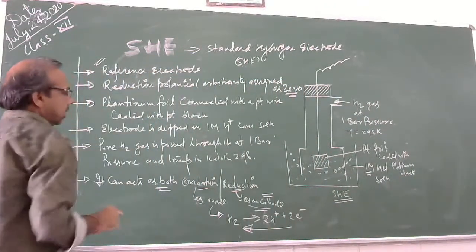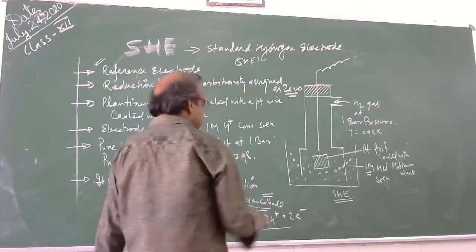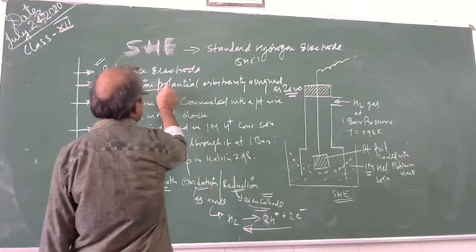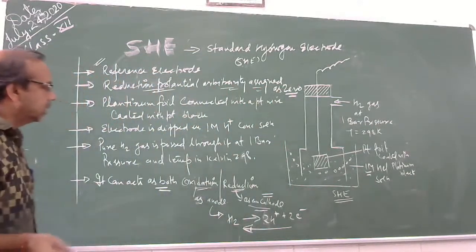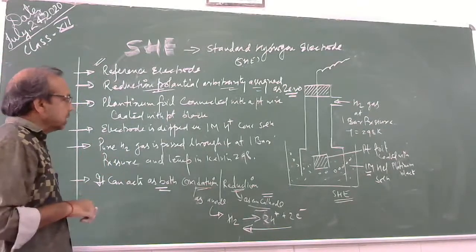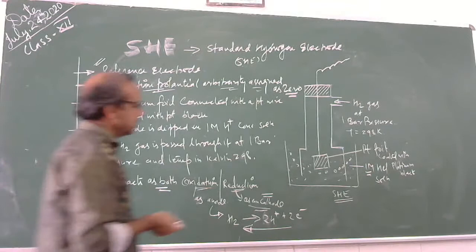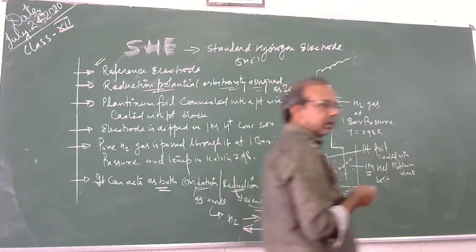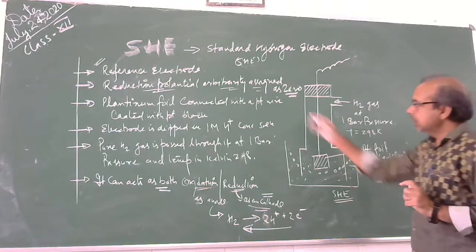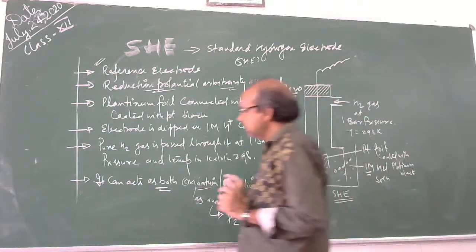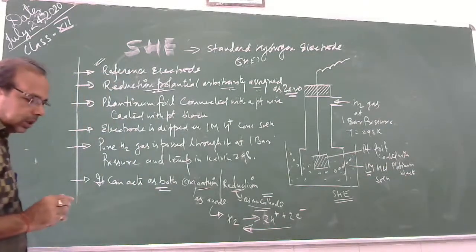It can be connected to any other electrode because its potential is arbitrarily assigned as zero, so we can calculate the potential of other electrodes. The structure of this standard hydrogen electrode is in front of you as I designed on the blackboard, and the important points I summarized here, and I hope that you have noted all these things.